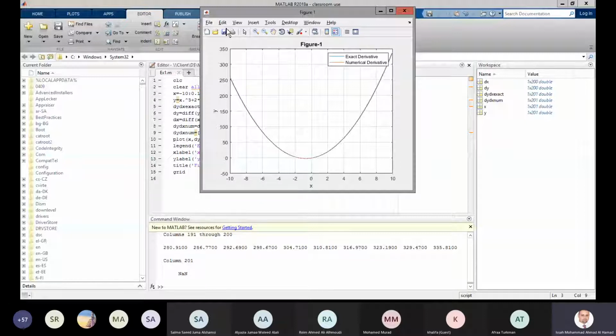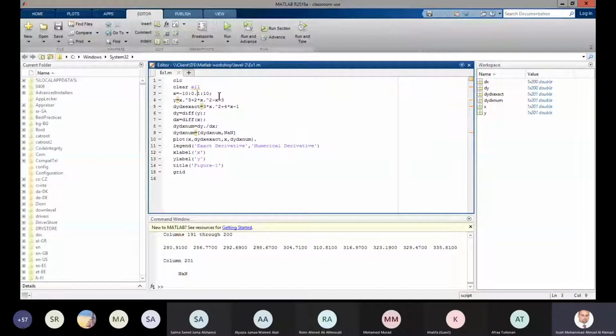Okay, now here for x, you can use any function. Let's try this with sine x. This is sine. The derivative of sine is cosine x.